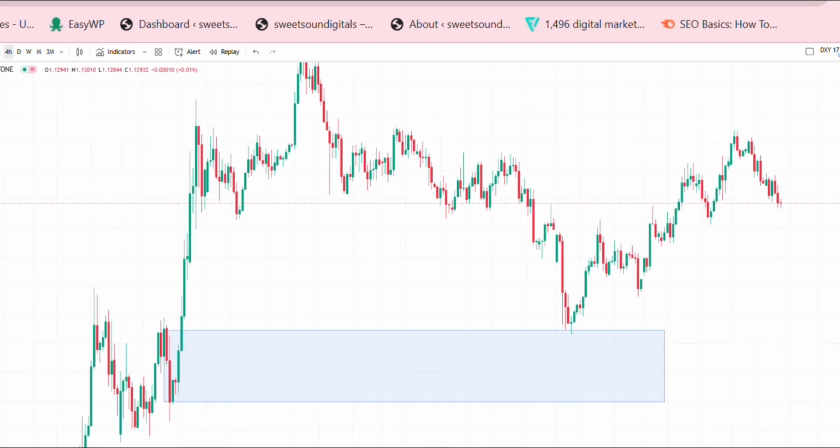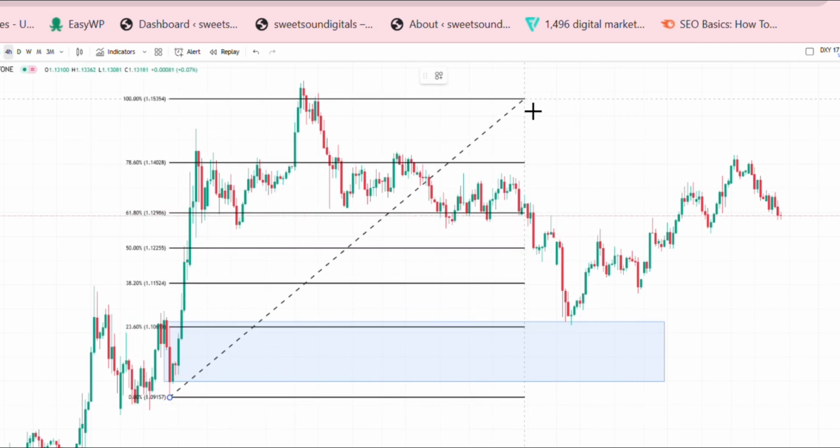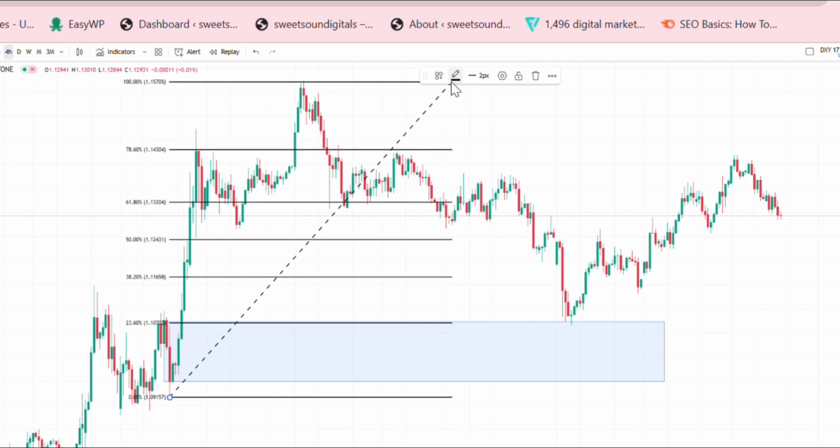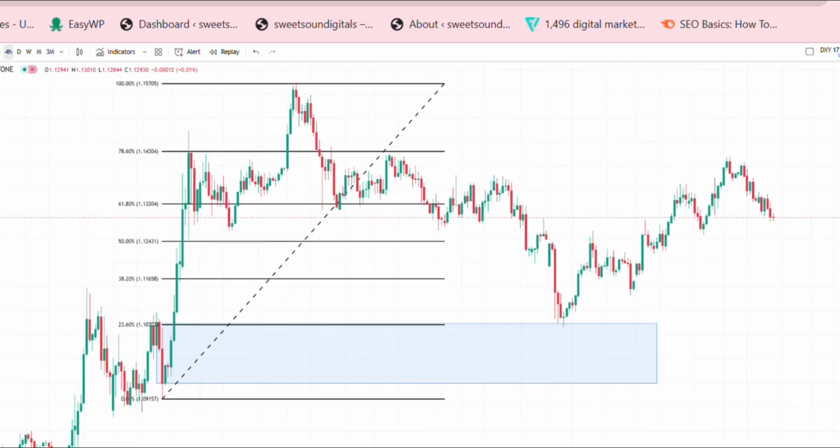We also used our Fibonacci to check the highest point and the lowest point. That's our PD array on this trade. Above 50 is our premium, and below 50 here is our discount. So we have to wait till price comes to our discount.